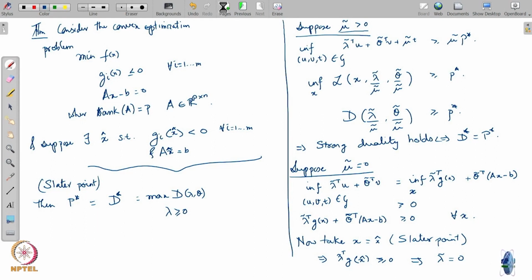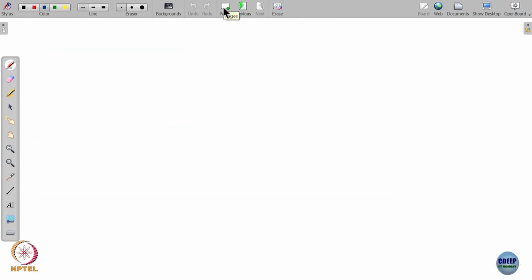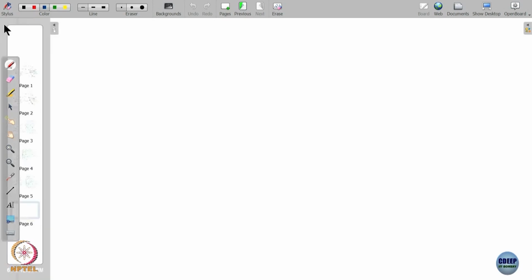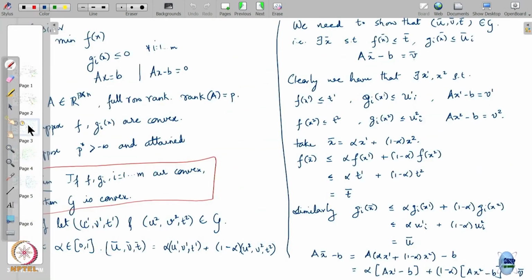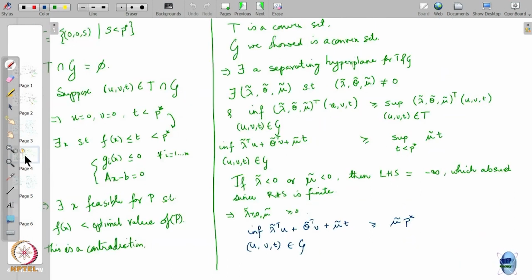Alright. We are now almost at the end. So, if mu tilde is equal to 0 and lambda tilde is equal to 0, remember the separating hyperplane theorem told us that there is a non-zero slope. What did the separating hyperplane theorem tell us? That this should be non-zero.